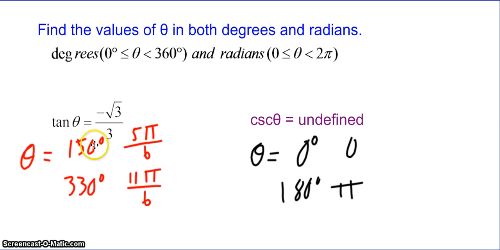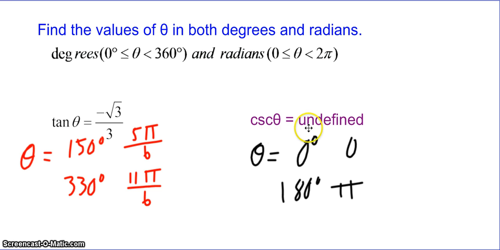Well, that's going to be at 150 degrees, where the y value is 1/2 and the x value is negative root 3 over 2. That's also 5 pi over 6. The same thing is going to be true at 330 degrees, where now the y value is negative 1/2 and the x value is root 3 over 2, and that's also at 11 pi over 6.